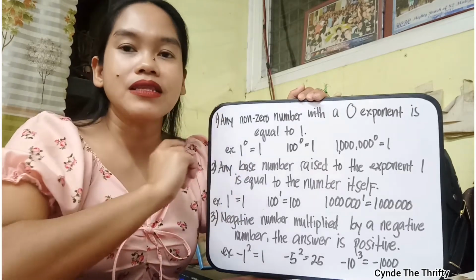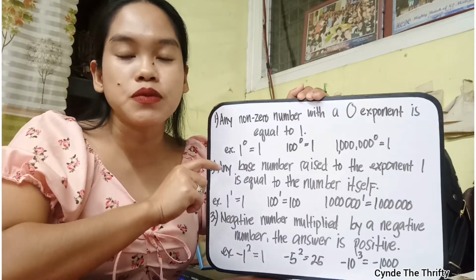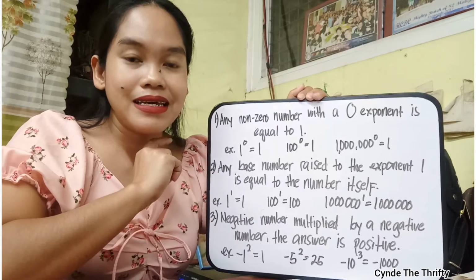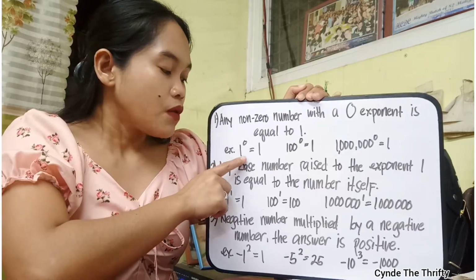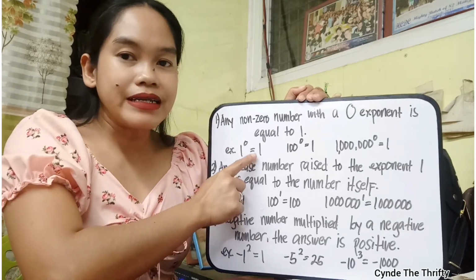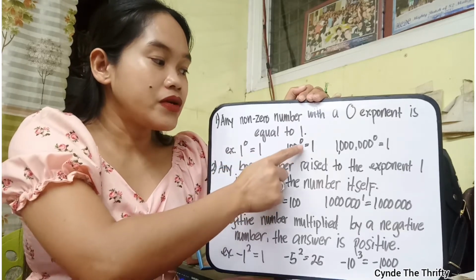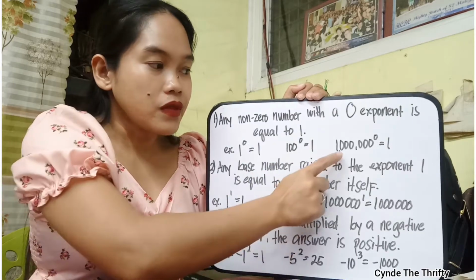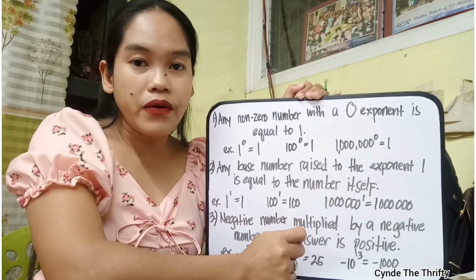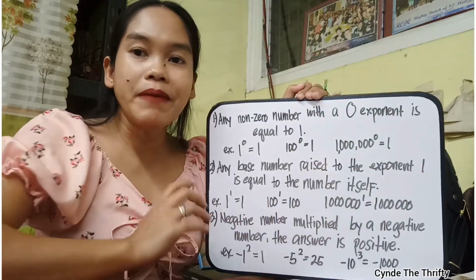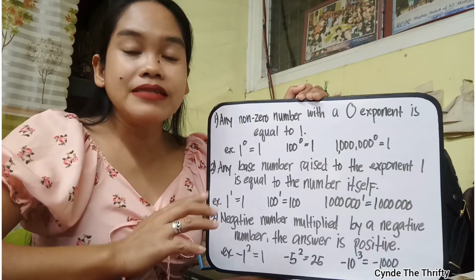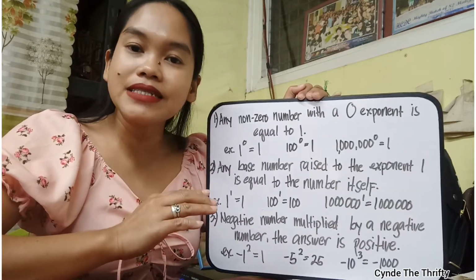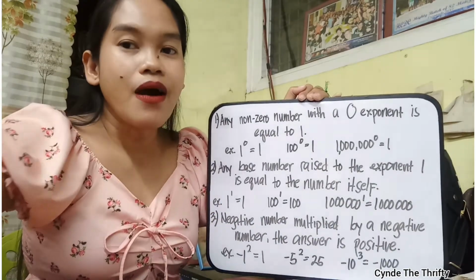Kapag merong 0, kahit na 1 trillion pa yan siya ang base mo, ang value niya is still 1. So, for example, 1 raised to the power of 0, ang kanyang value is 1. 100 raised to the power of 0, ang kanyang value still 1. 1 million raised to the power of 0, ang kanyang value is 1. So, remember always na kapag 0 ang kanyang exponent, ang kanyang value always 1.